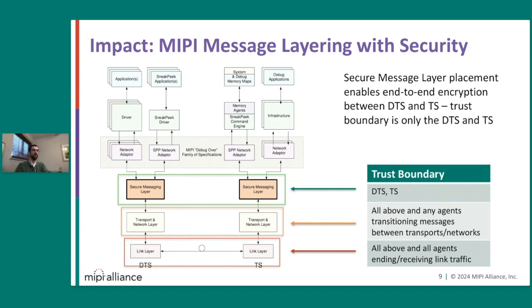If we moved the secure message layer down, more and more agents within the connectivity between the TS and DTS would need to be involved within the trust boundary. So this really simplified it for us to transition across links and transports, whether you go over USB or some other protocol, between the DTS and TS. The secure message layer would still be encrypted end-to-end between the DTS and TS.